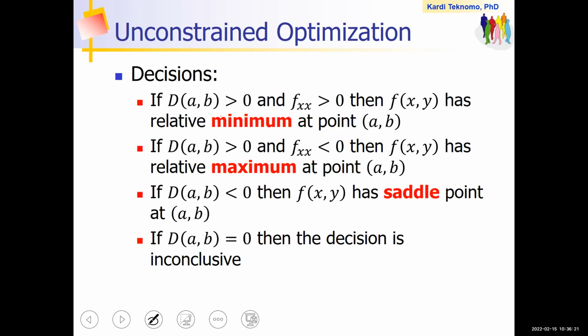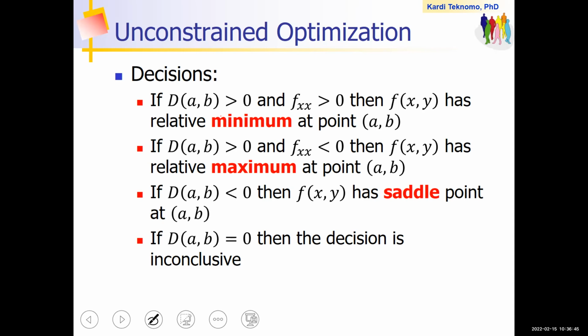So what is the decision? If the determinant is positive and the second derivative with respect to x is also positive, then this is a minimum. If the determinant is positive and the second derivative is negative, then this is a maximum.